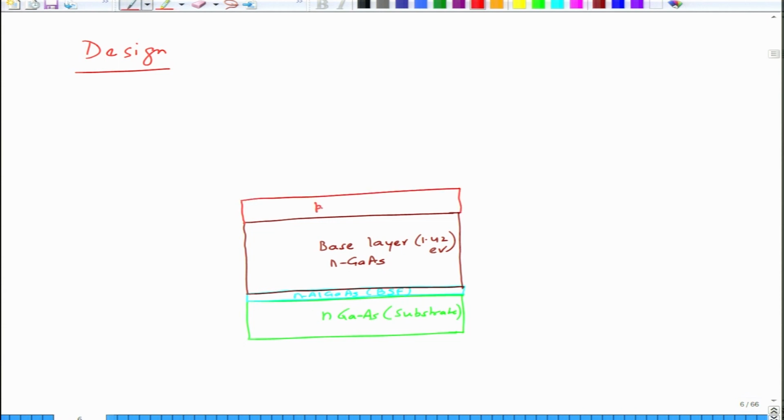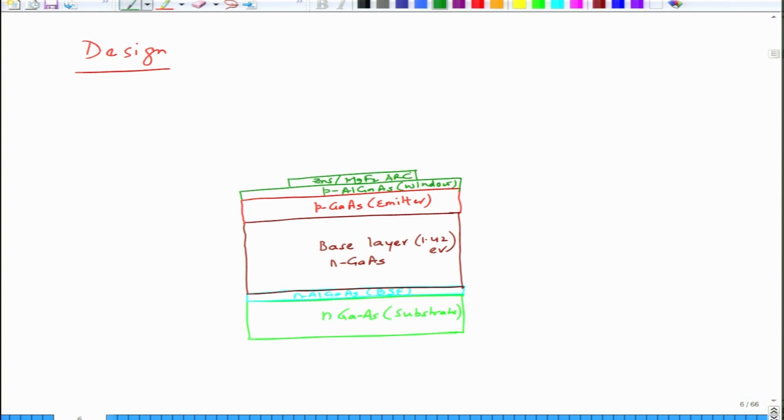So, this is emitter, which is P type gallium arsenide, and then we have on top again a small layer of P type AlGaAs, which is called a window, okay, but again it reduces the surface recombination. And then we have on top a layer of zinc sulphide and magnesium difluoride, which is ARC essentially, okay.